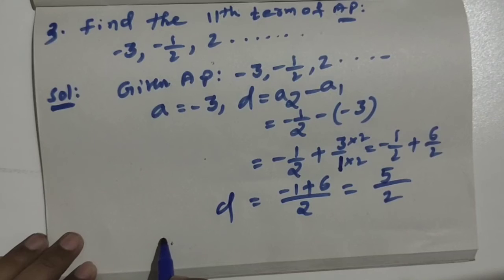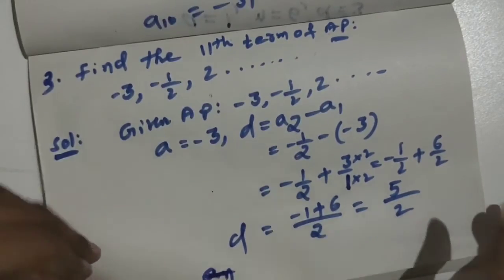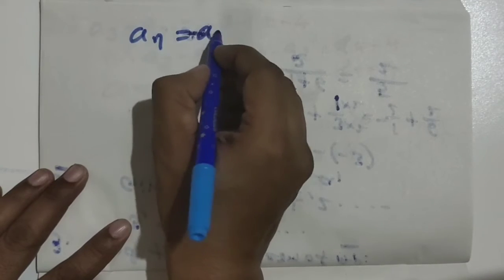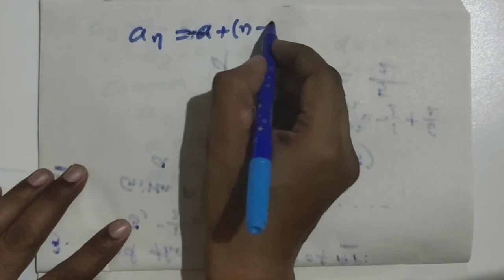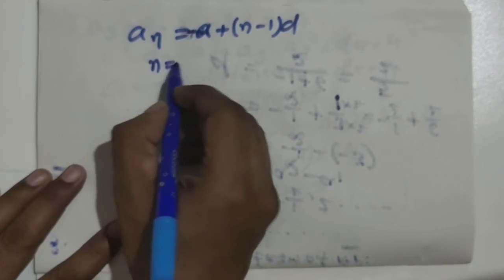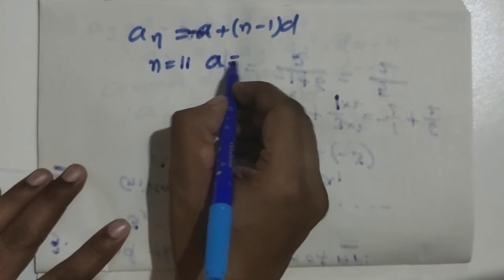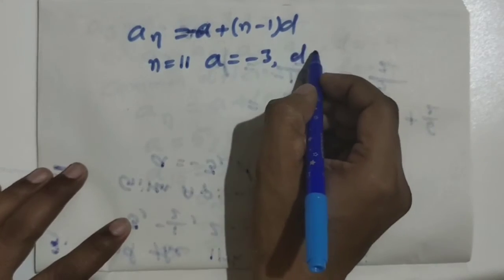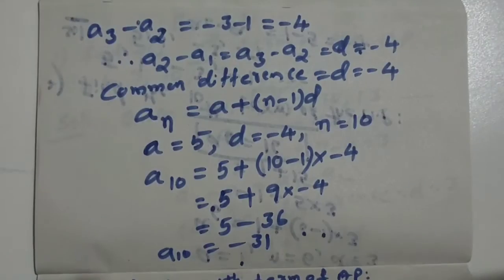Now here we need the 11th term, so again apply the AN formula. Let me write it on the next page. AN is equal to A plus N minus 1 into D. Here N is equal to 11, A is equal to minus 3 and D is equal to 5 by 2.